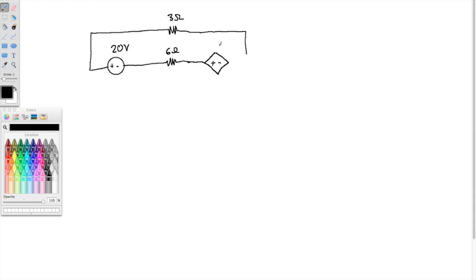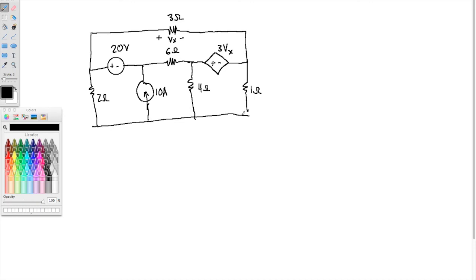And we'll say this is 3Vx, and Vx is right here. Four ohms, 10 amps, and 2 ohms, and 1 ohm.